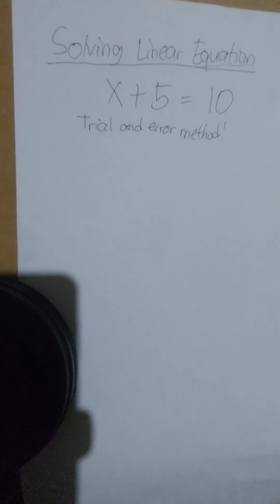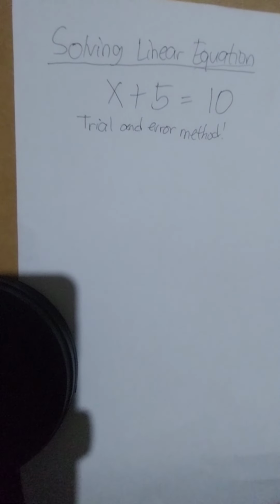What does trial and error method mean, class? You have to try the values one by one to get the answer. Once the left side and the right side of the equation become equal, that value of x from our trial and error method is correct.